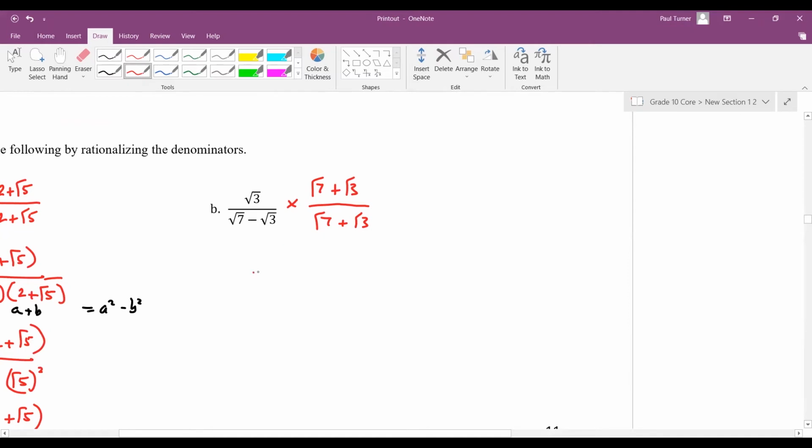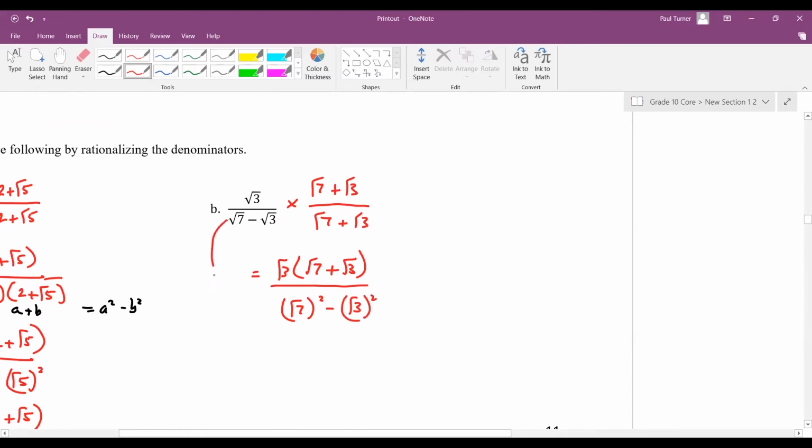So we can have root 3 times root 7 plus root 3. Let's just leave it like that for now. On. Now use your rule here, a minus b, a plus b is a squared minus b squared.